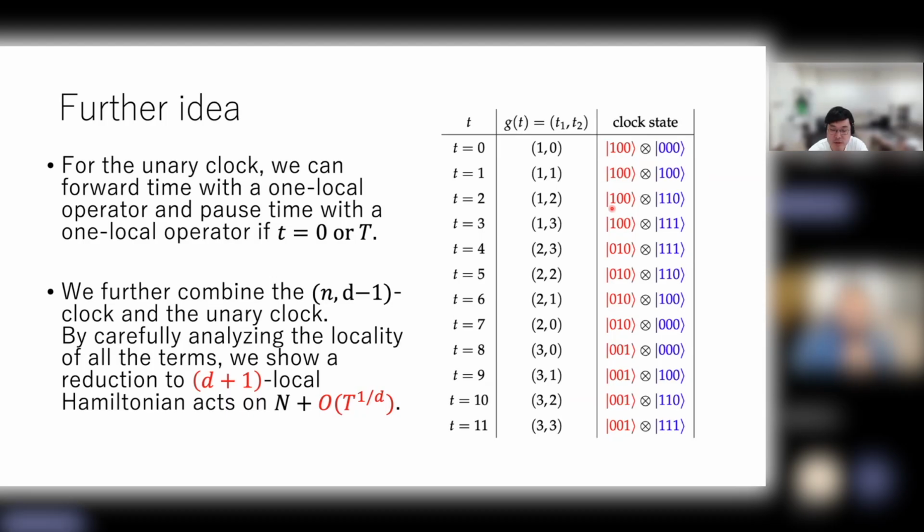The N1 clock is just a single one clock, and we can move time forward on the unary clock. The blue one is a unary clock, and the red one is the N1 clock.